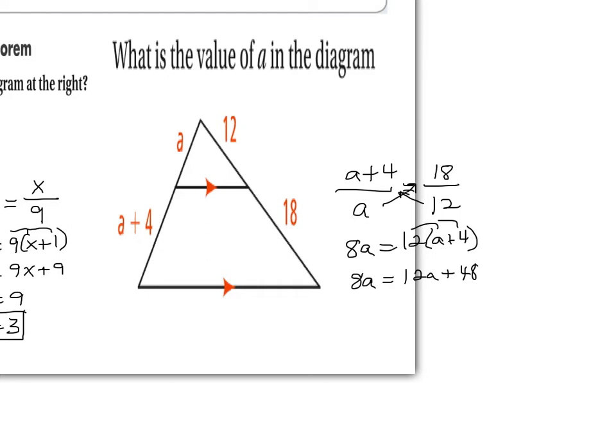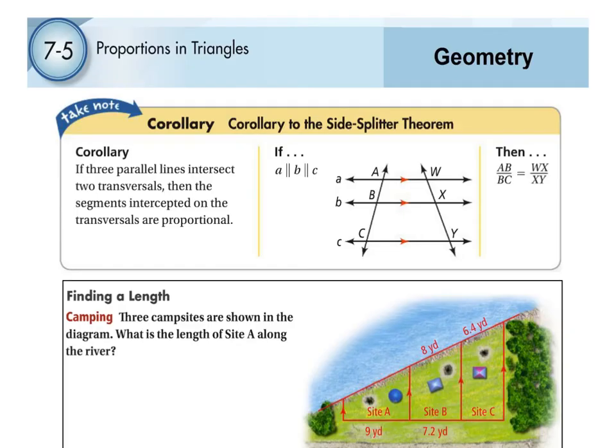Now, if I subtract 12a, this is 6a equals 48. And if I divide by 6, a is going to equal 8. So again, using the side splitter theorem, you can make the sides proportional and find a variable.